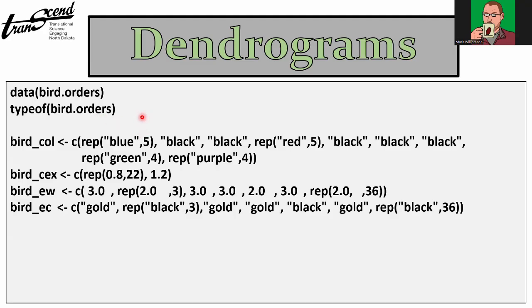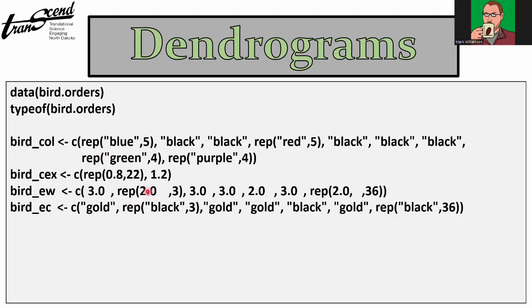However, first, I'm actually going to create a couple objects that I can use to customize the dendrogram. So I'm going to have this long chain of colors, bird colors for each of the different nodes, ranging from blue to black to red to green to purple.